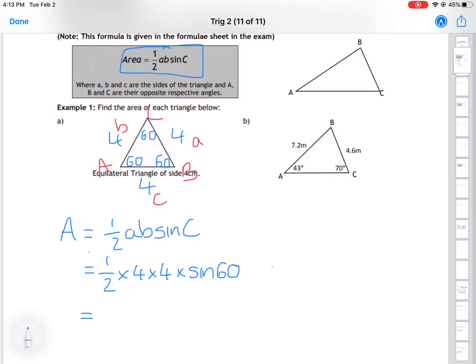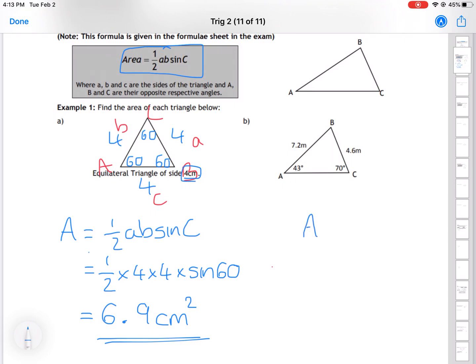Now, all of this can go in your calculator. 1 divided by 2 times 4 times 4 times sine of 60 equals 6.9. We'll just take it to one decimal place. We are looking for an area, so it's units squared. Now the units are here, 4 centimetres, so it's centimetres squared.